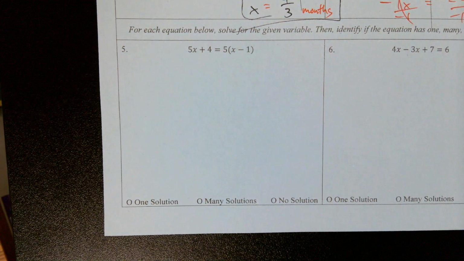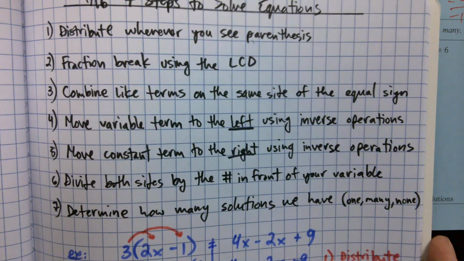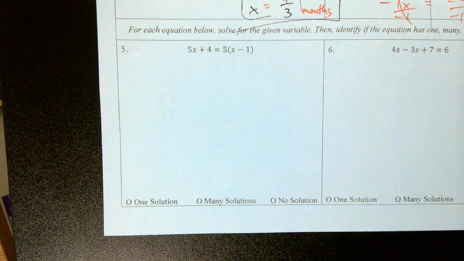If we go back to, what was it, Tuesday? 7 steps to solving equations. Look at that, the note video is right there. So whether you were absent or not, you can get those copied down. It's going to be extremely detrimental or harmful for your test if you don't have these steps written down in your notes from Tuesday.